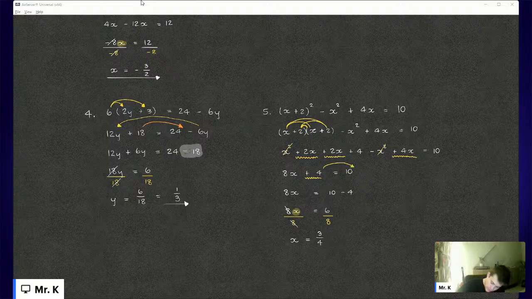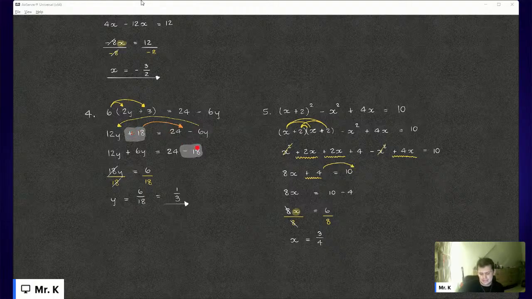To answer your question, it was originally plus 18 over here on the left-hand side, right? And when we move something over the equal sign, it needs to change sign. So a positive 18 when it was on the left must now change to a minus 18 on the right-hand side of the equation. All right. I hope that answers your question. If you're still confused, just let me know.